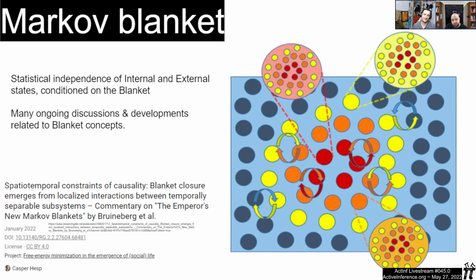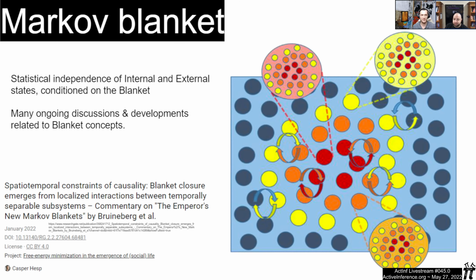At this large scale, inside the large square, there's a yellow line that separates all the outside dark blue from the inside orange and red. But there's also an orange inside circle. And these yellow and orange are in a relationship that keeps the dark blue and the red separate, independent of each other.